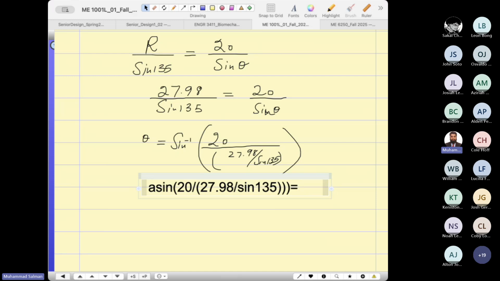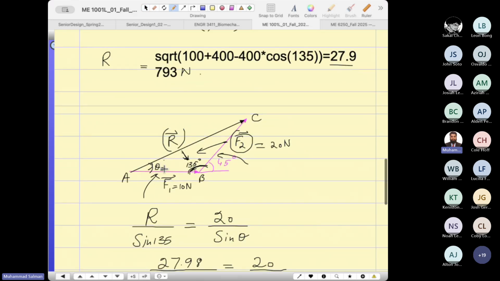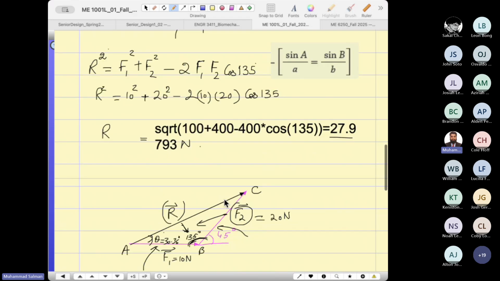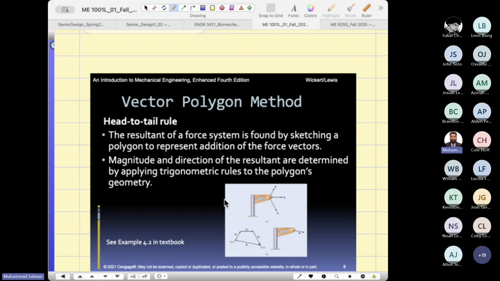Oh my God, what is this? Maybe I haven't done it like this. Yeah. So this is 30.36 in my notes. I'm glad that you guys are having the same answer. So now the angle of this resultant with the horizontal is 30.36 degrees. So you see guys, this is known as the vector polygon method of finding the unknown.